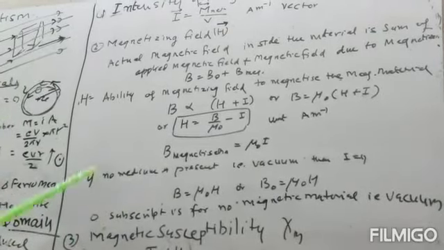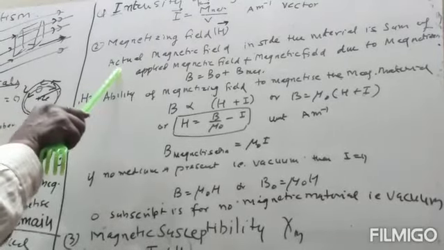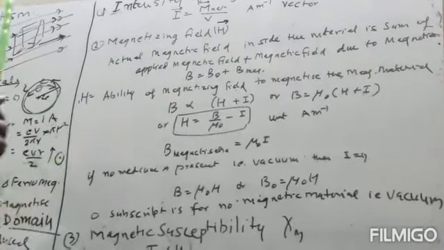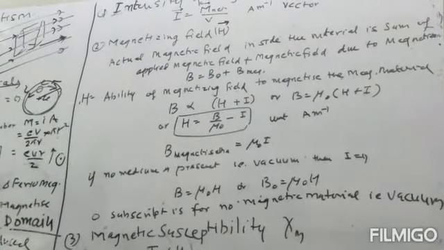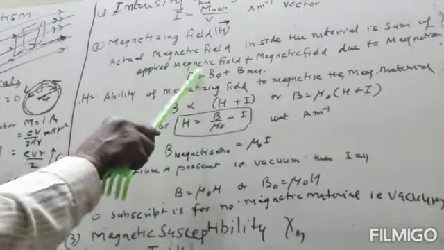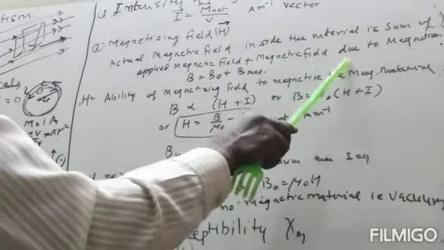So the total magnetism, the actual magnetic field, will be equal to the sum of the two, external plus internal. This will be equal to the applied magnetic field plus the magnetic field due to magnetization of the material.